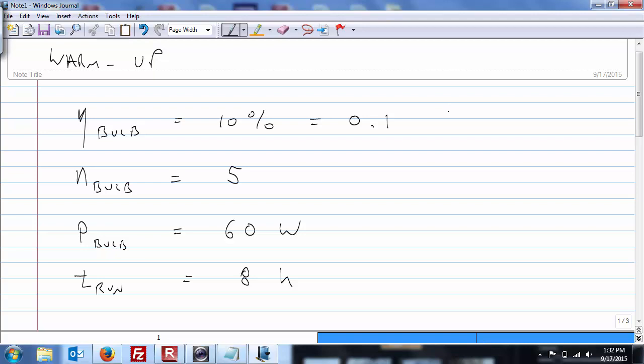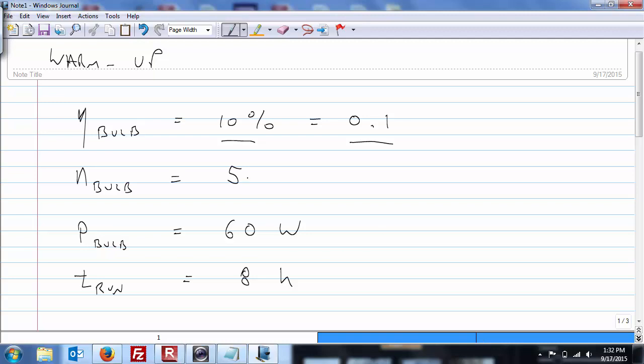So I wrote down, and the problem is written very efficiently in that there's no information in the problem that we don't need. The efficiency of the bulbs is 10%, which I've also written in decimal form, because typing in percentages on your calculator I've always found a little confusing.